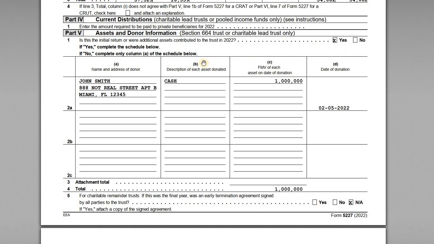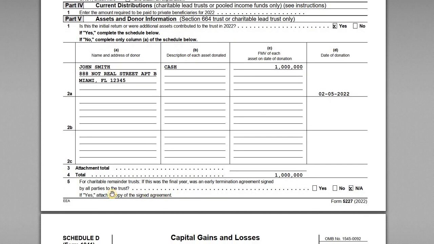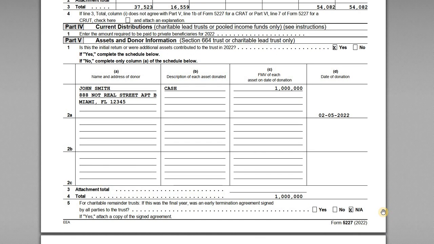It was funded this year, and so we list the information on the donor. John Smith was the donor. He contributed cash to the trust, and the value of that cash was $1 million, contributed on February 5th, 2022. Question 5 for CRTs, if this is a final year, was an early termination agreement signed? Not applicable, this is an initial year, not a final year return.